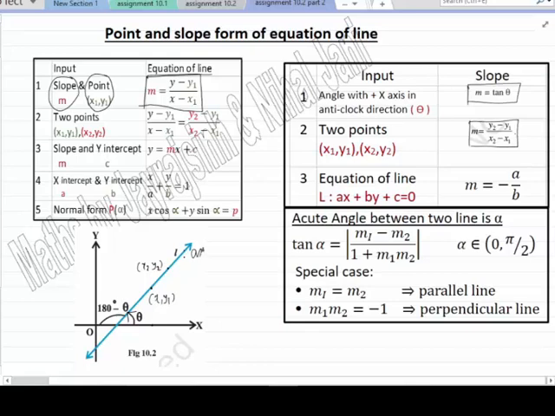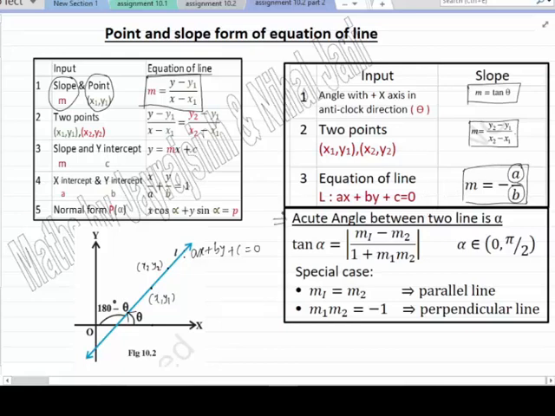Let's say the general equation of line is ax plus by plus c is equal to 0. Then the slope of the line is negative of a, the coefficient of x, upon b, the coefficient of y. So these are the three direct methods using which we can find the slope.